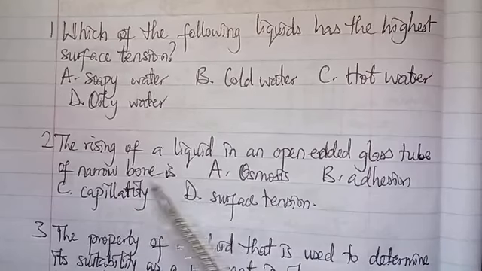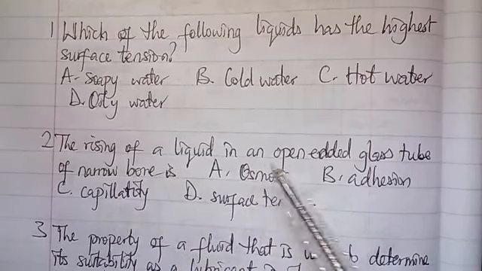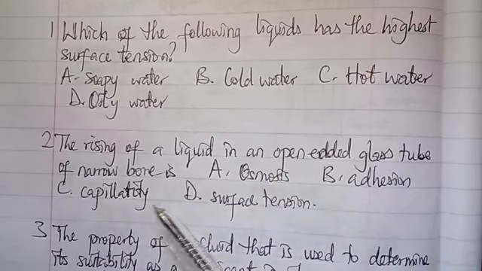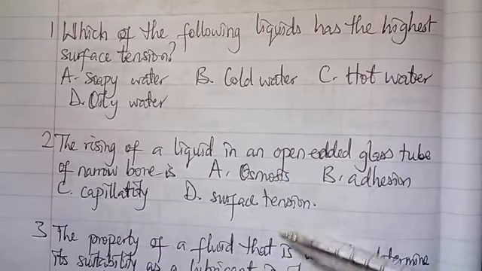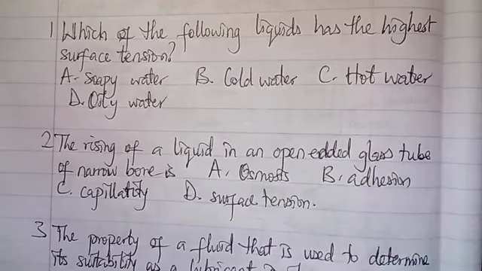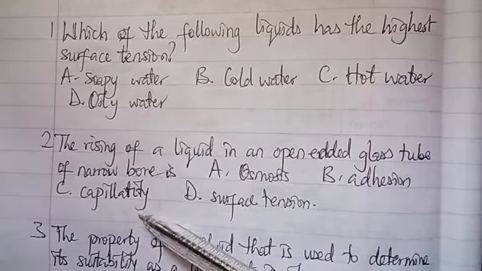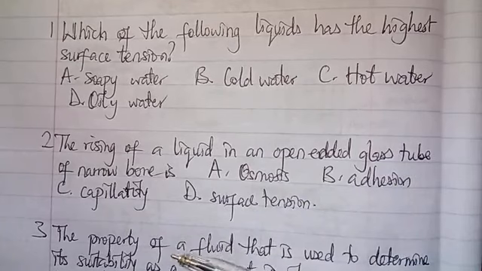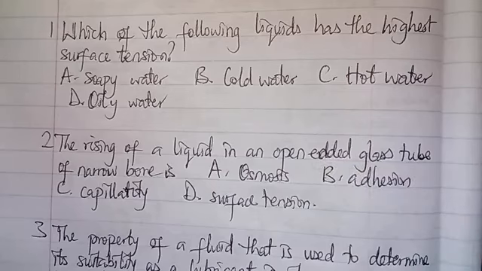Number 2, the rising of a liquid in an open-ended glass tube of narrow bore is it osmosis, adhesion, surface tension, capillarity? I know you know the answer, capillarity. That's the rising of a liquid in an open-ended narrow tube.